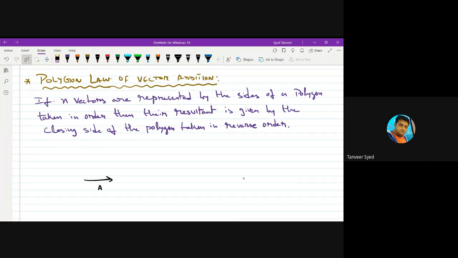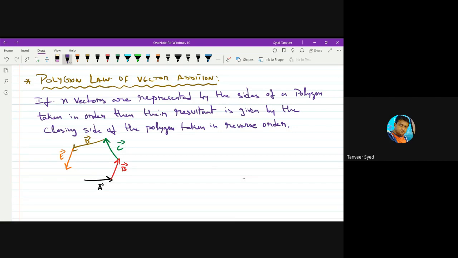This is vector A. This is vector B. This is vector C. This is vector D. And this is vector E. Five vectors. I'm arranging them so that they form an incomplete polygon. Then the resultant of all this, listen completely, then ask your questions.